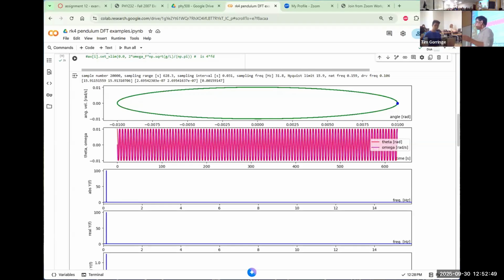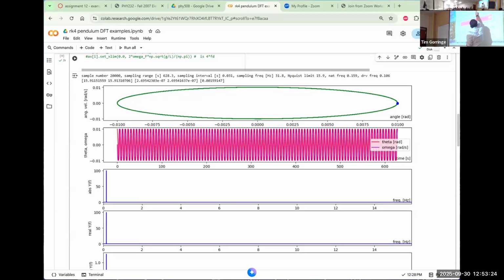We watch it for 100 swings, 100 periods, with a resolution basically determined by 20,000 ticks. So based on that, it's easy for me to calculate the range of time in seconds that we're sampling. We're sampling 100 periods. That corresponds to 2 pi times 100, 628 seconds. So we've got a duration of 628 seconds that we're sampling.